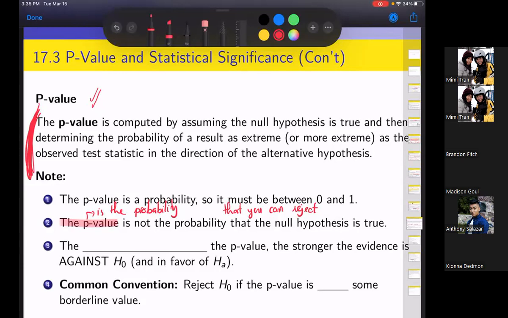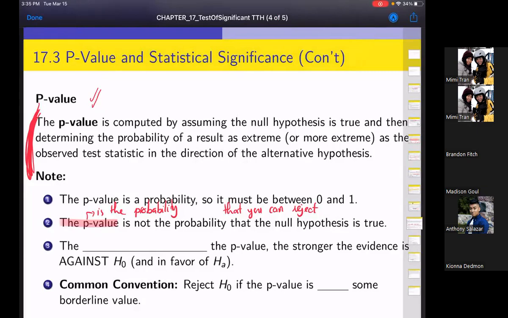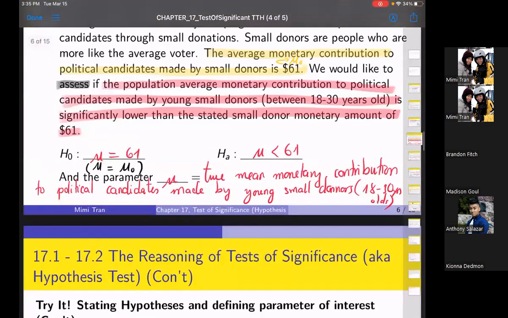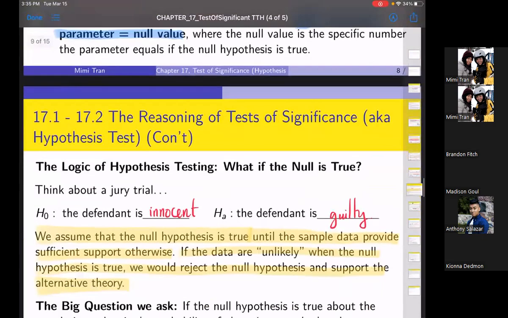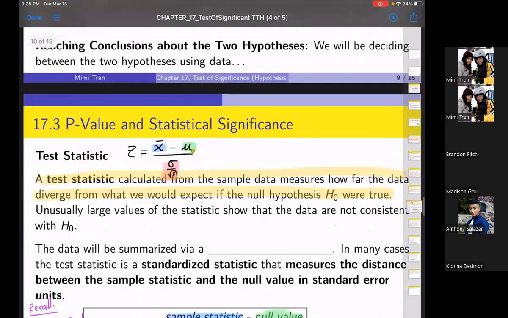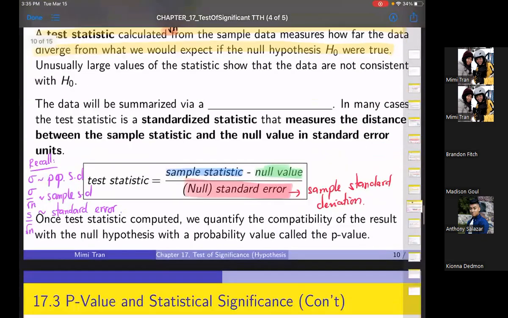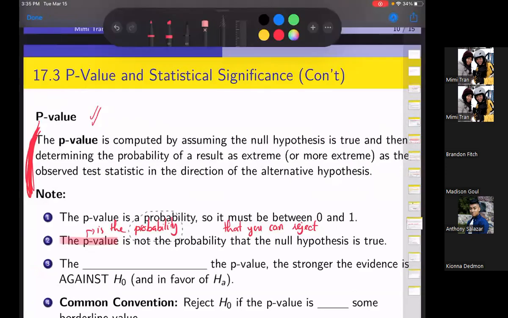I don't want to use borderline either, then you're going to confuse the other one. What should I use? The least probability. You're probably confused now, but you're going to understand why in a second. The least probability. Yeah, that's better. I like that. You'll understand what later.